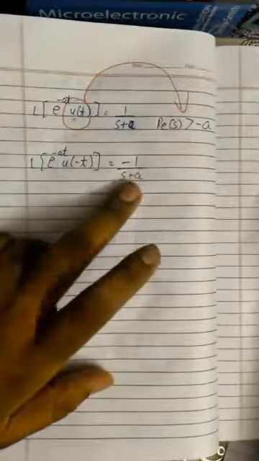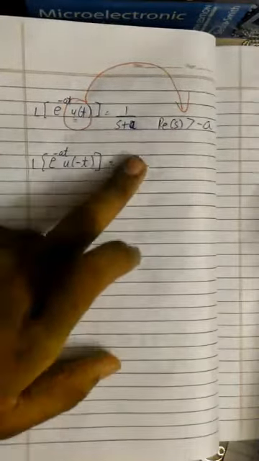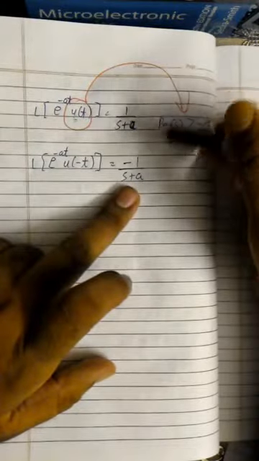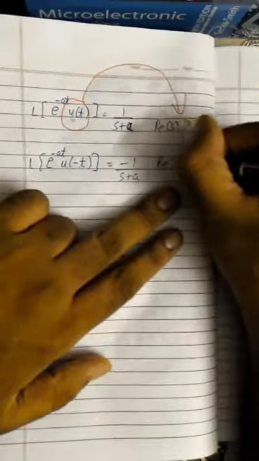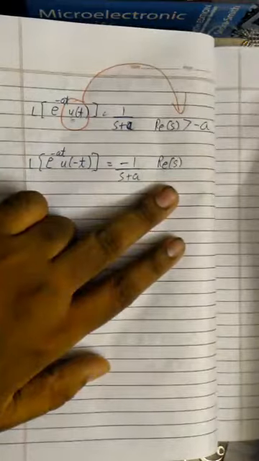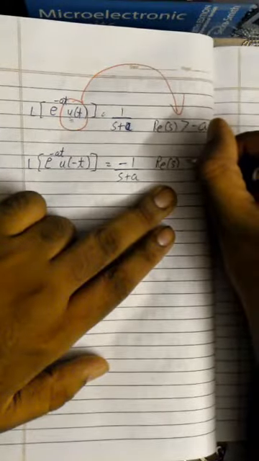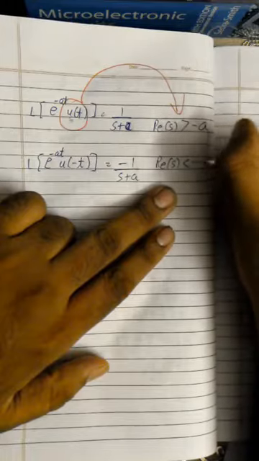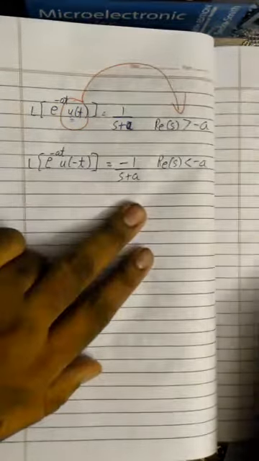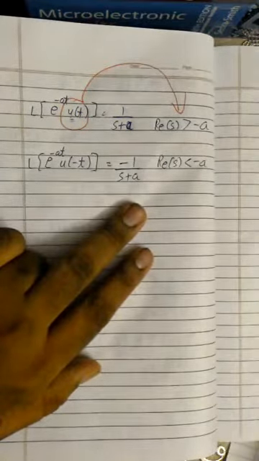And according to the properties of ROC, the real part of s is less than minus a. Why is it less than minus a? Because it is a left-sided signal.